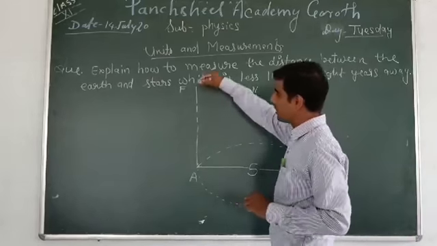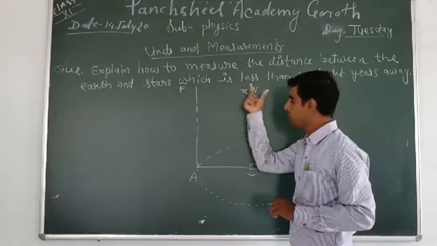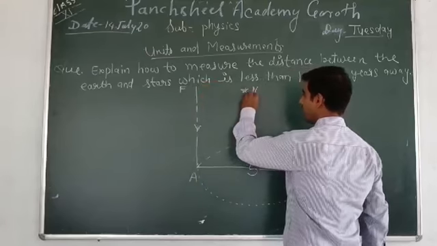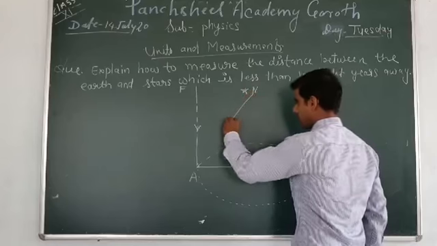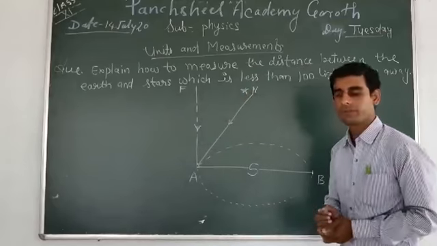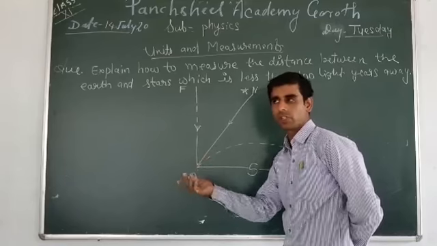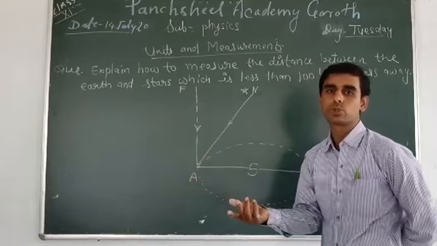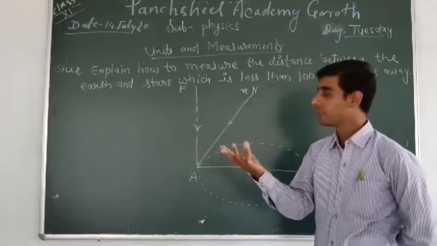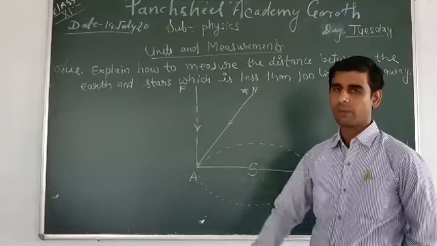Suppose the light comes from the stars in the same direction, so light comes from the star in this direction and from this star also in this direction. First I take a telescope, because a telescope is a device used to see heavenly bodies or astronomical objects.